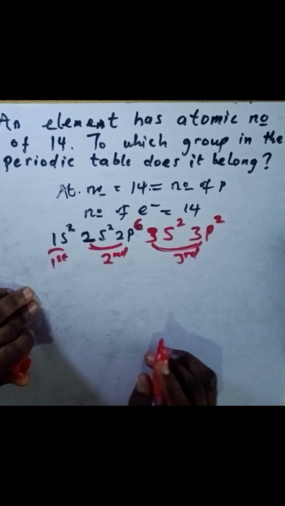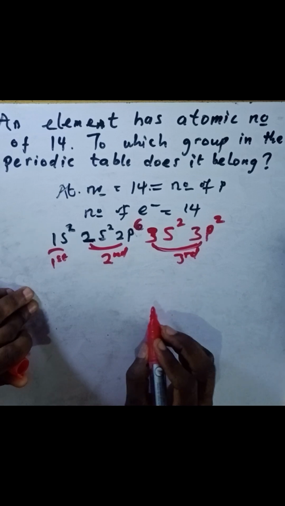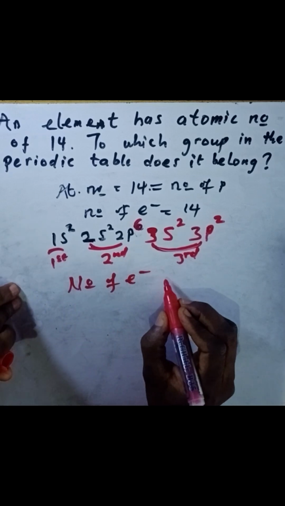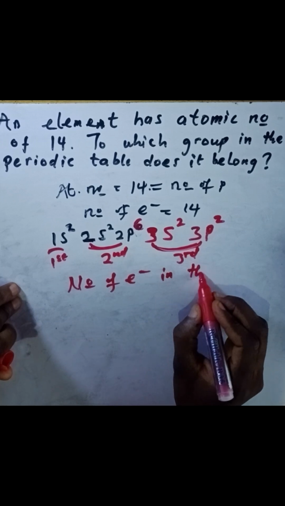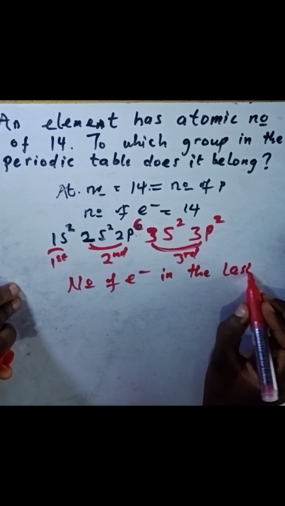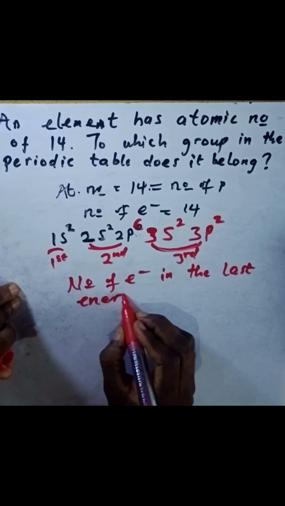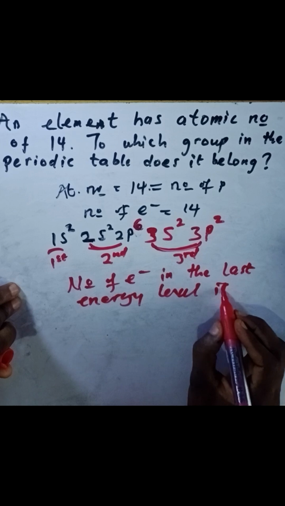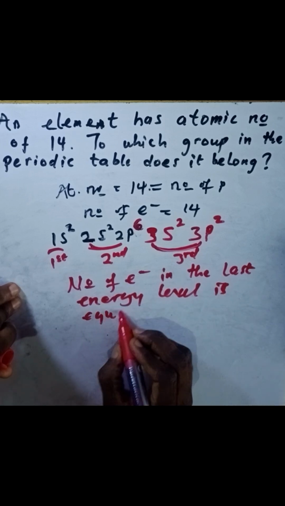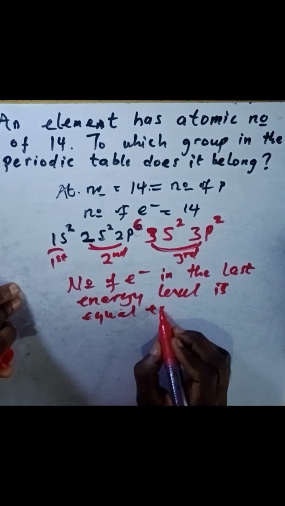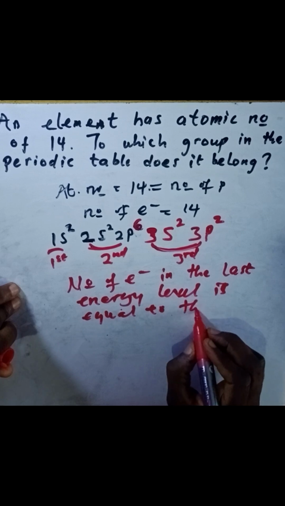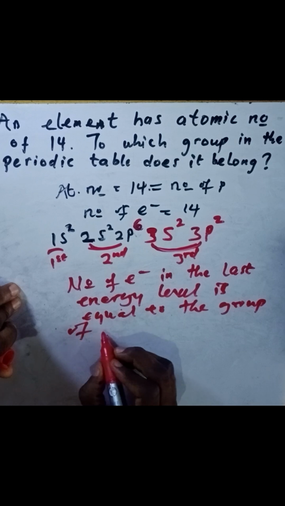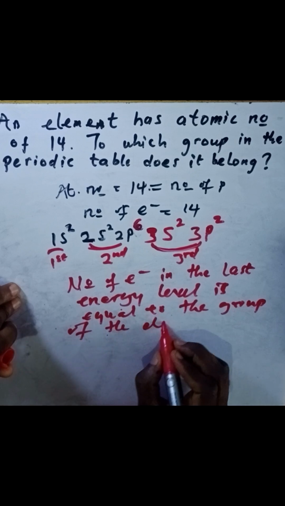Now, the total number of electrons in the last energy level is equal to the group of the element.